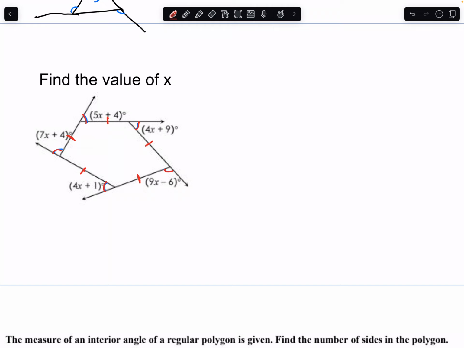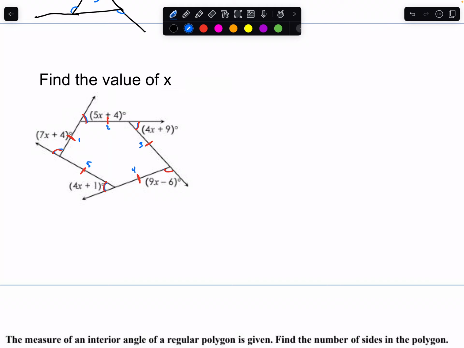I need to figure out what is going to be the total if I add up all the angles on the outside of this polygon. And to do that, we count the number of sides. So we have 1, 2, 3, 4, 5. This is a pentagon. So the total angle on the outside of a pentagon will add up to what?